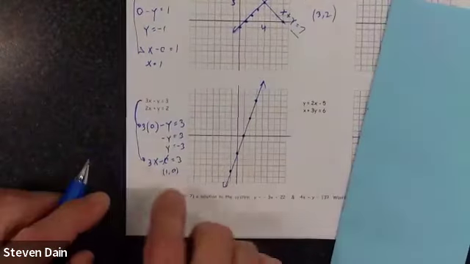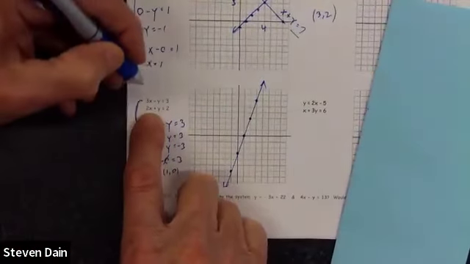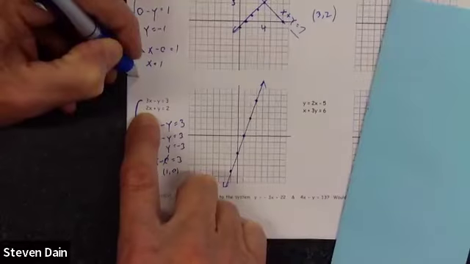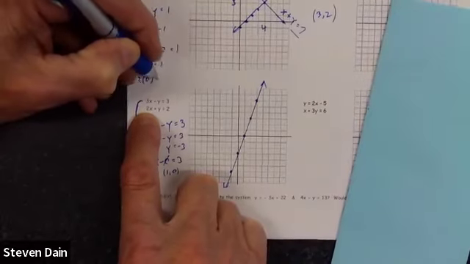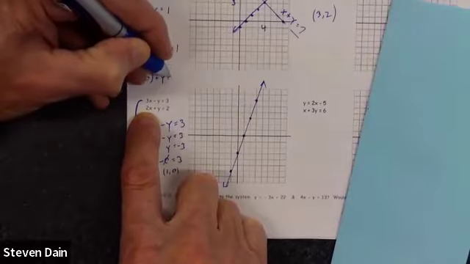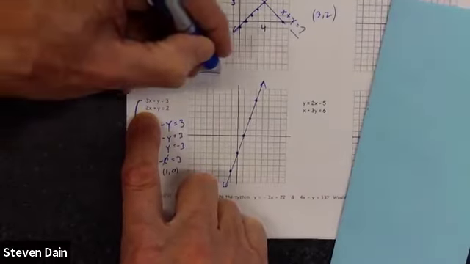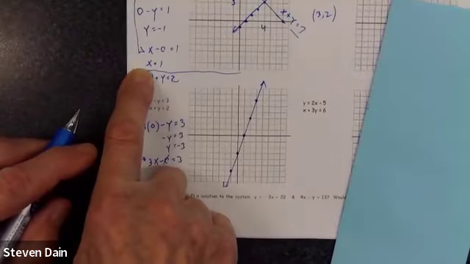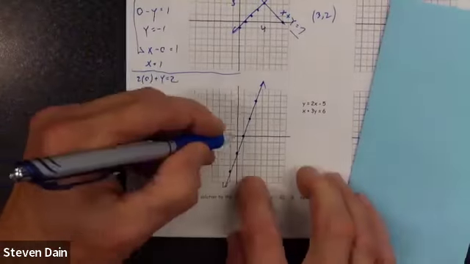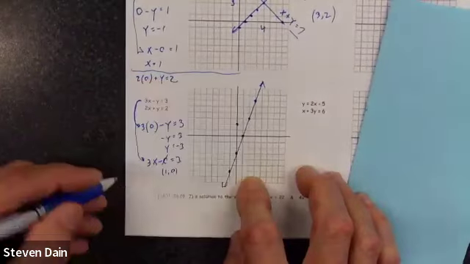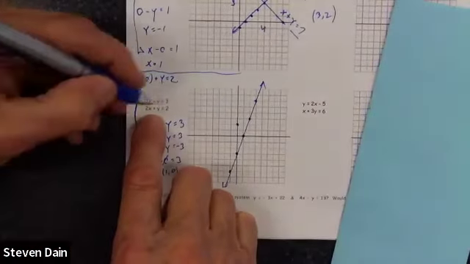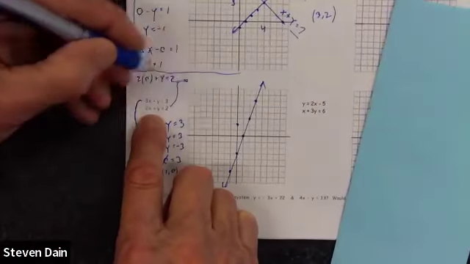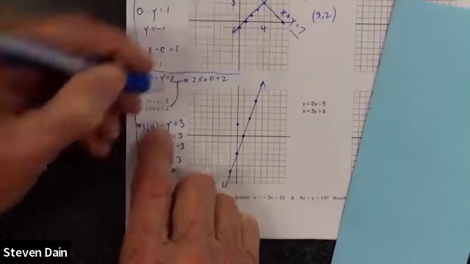And for the other equation, if I plug in 0 for x and solve for y, it's just going to say y equals 2. So the y-intercept is 2. And when I plug in 0 for y, it's going to say 2x plus 0 equals 2.